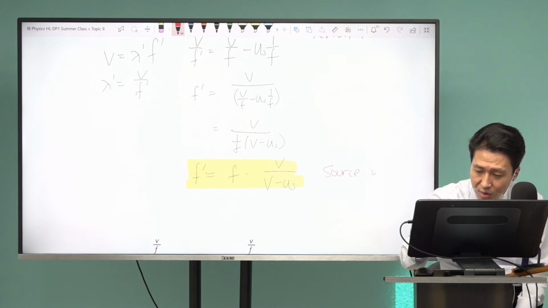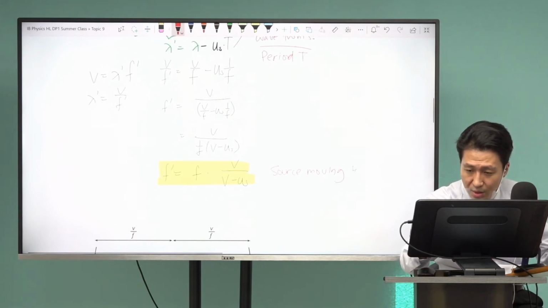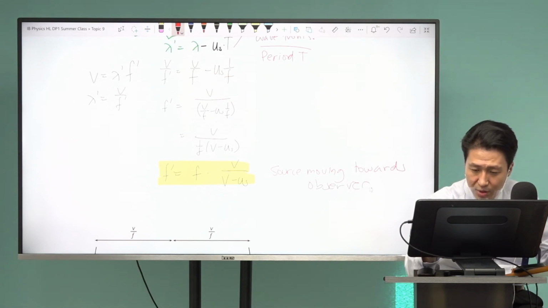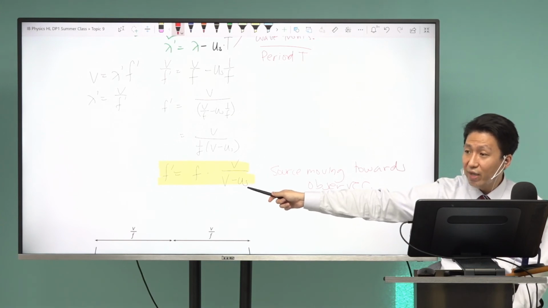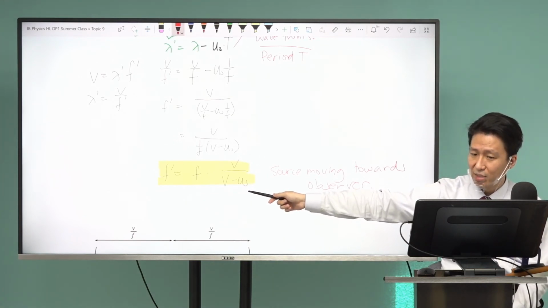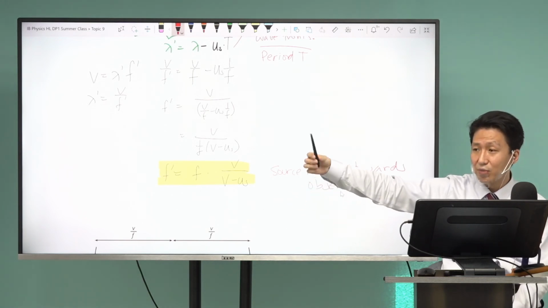Source moving towards the observer, right? And because they're vectors, if you move away from it, it becomes a plus, right? In the opposite direction. So it doesn't matter if it's moving towards or away from it.